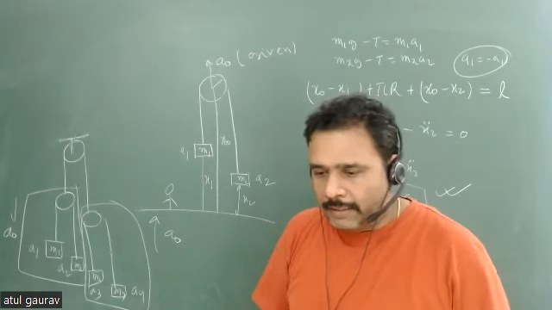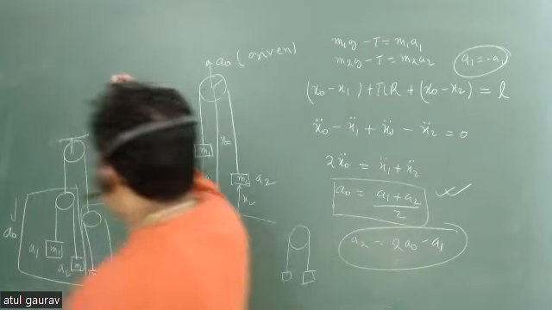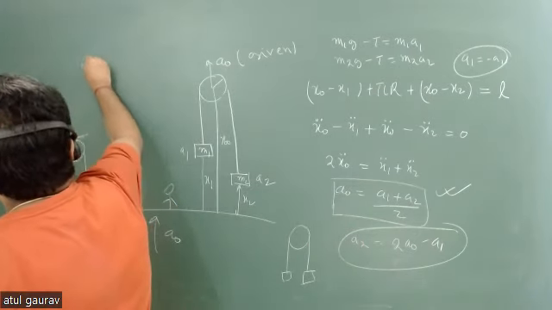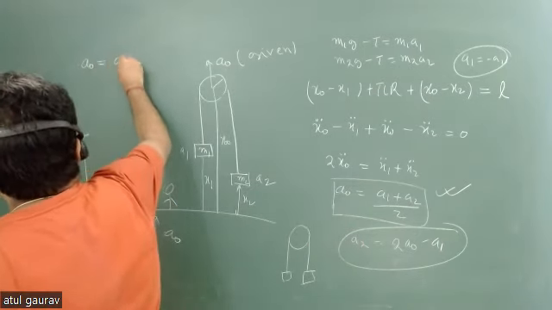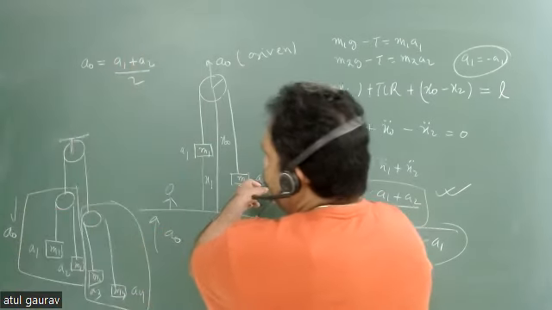Agreed? So what will happen? a0 is equal to (a1 plus a2) by 2, इस वाले प्रॉब्लम से.